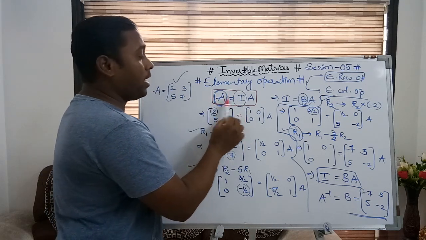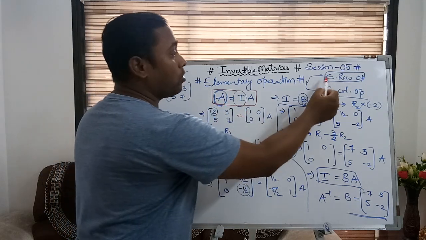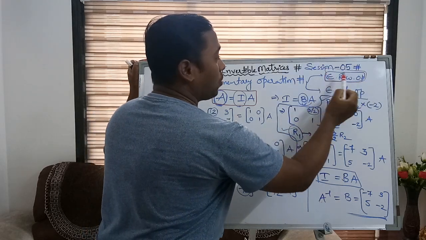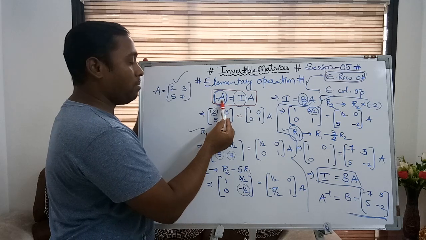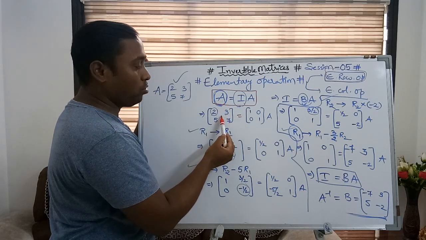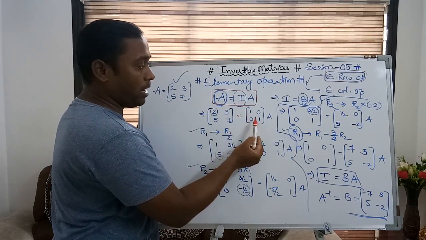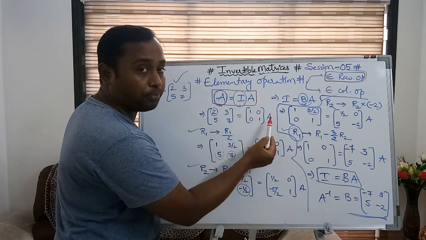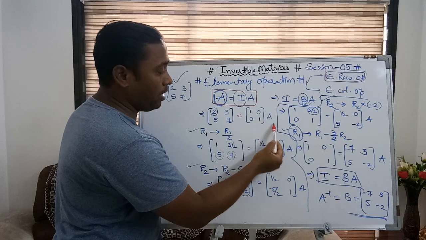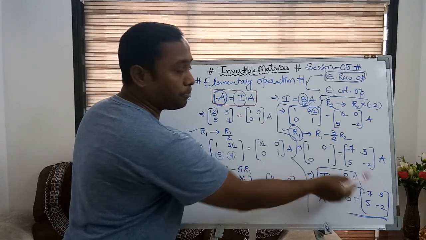You have to write A is equal to I into A because you are dealing with elementary row operations. Then write the matrix A which is given in the question, with the identity matrix, and don't put any value of A on the right hand side. It will be carried on in each and every step.